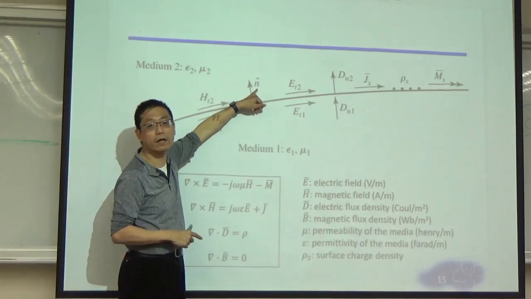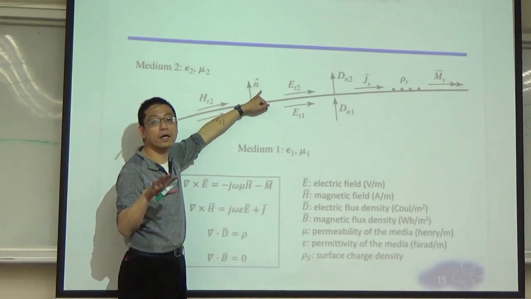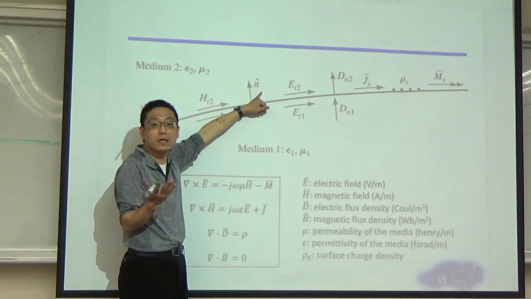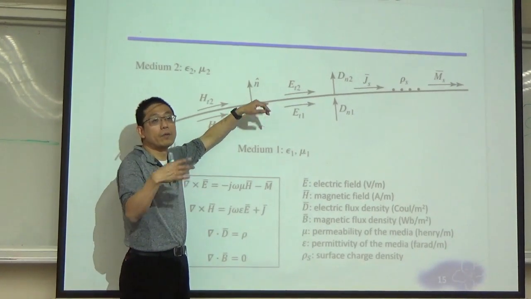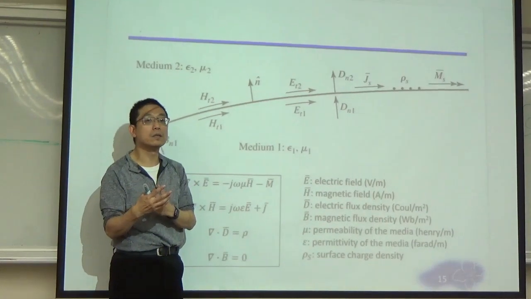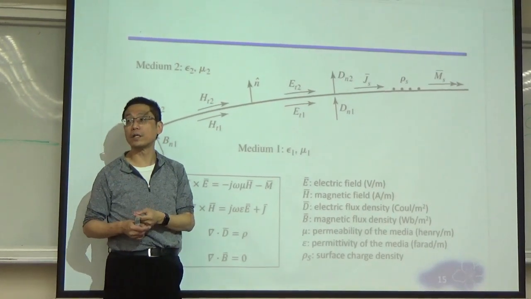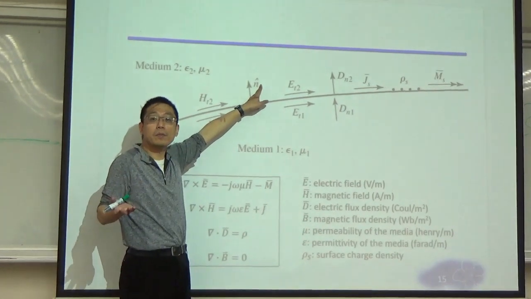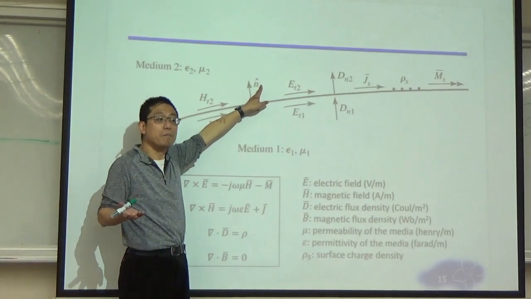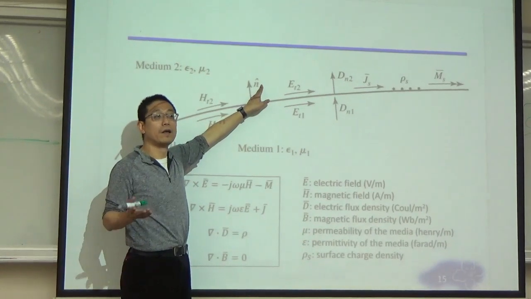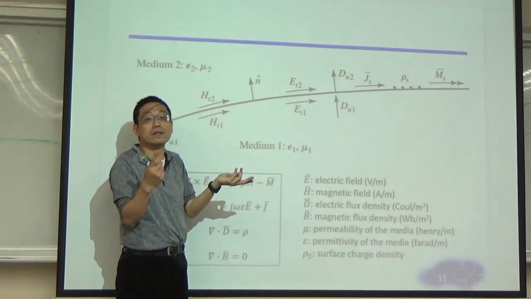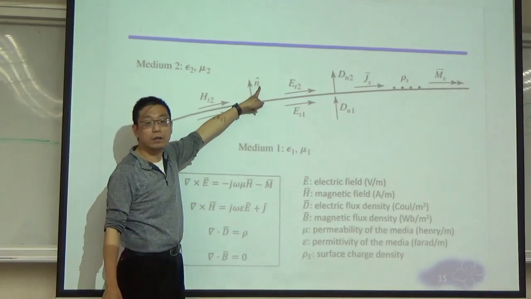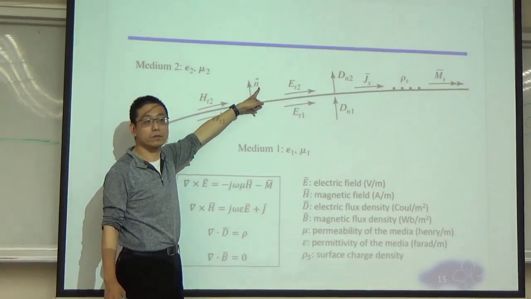It's not necessarily x, y, or z. But in the textbook, you want to explain this as generally as possible, that's why I use n. Maybe n is x, maybe n is y, maybe n is z, maybe n is a combination of x, y, z, any direction.